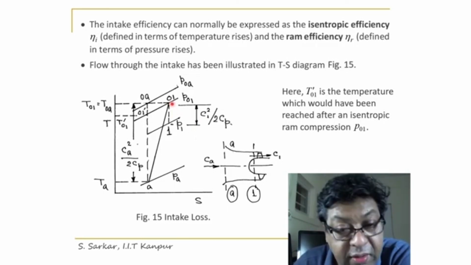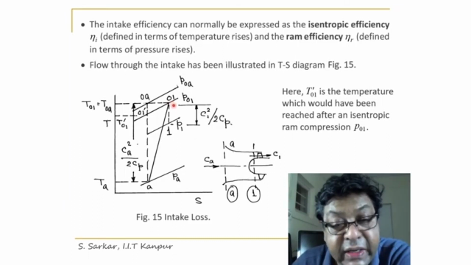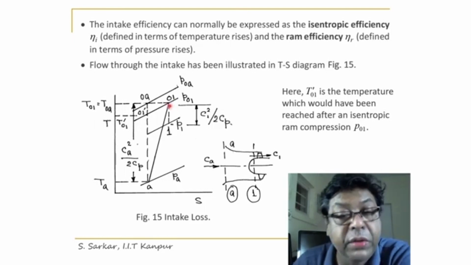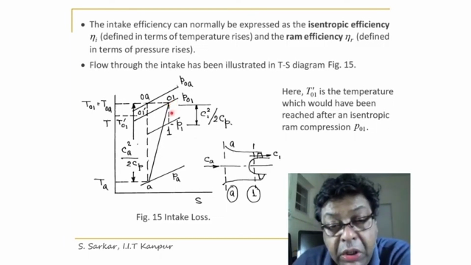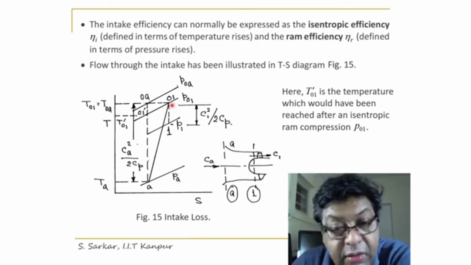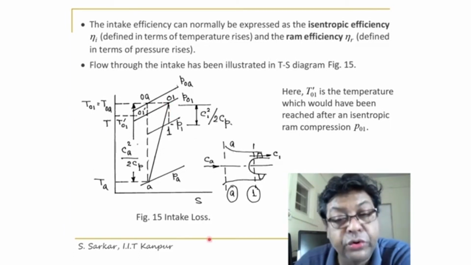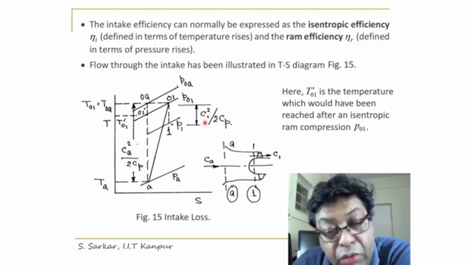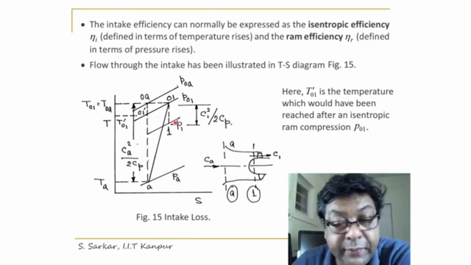Now, from 01, how can I identify the static pressure corresponding to the point 01? So, the state point 01 is associated with the velocity c1. Now, thus, if I subtract from T01 the quantity C1 squared divided by twice Cp, I'll get T1.